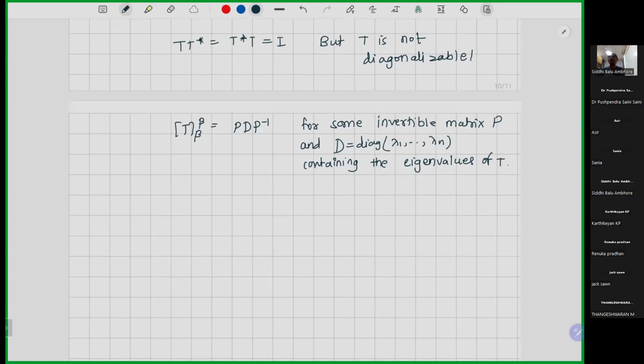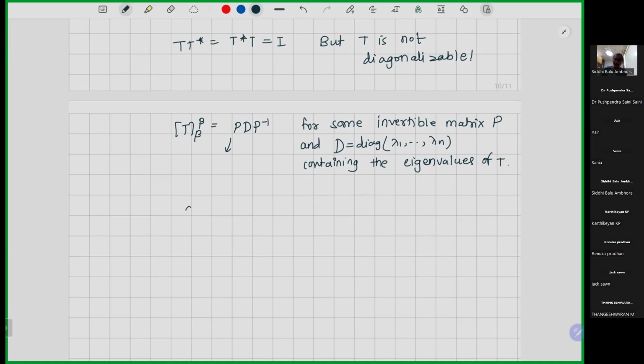If it has n distinct eigenvalues, then it will have n distinct eigenvectors, and those eigenvectors give us information about this P, and we get that T is diagonalizable.